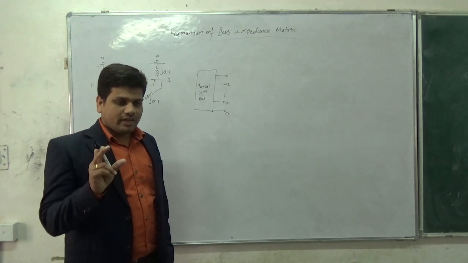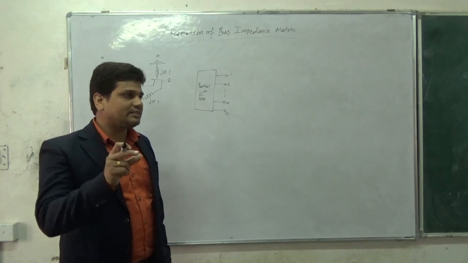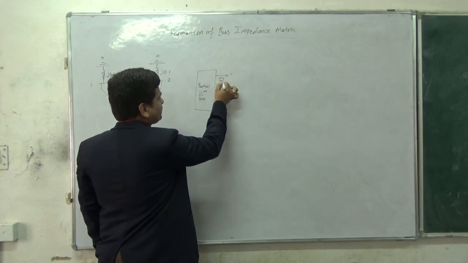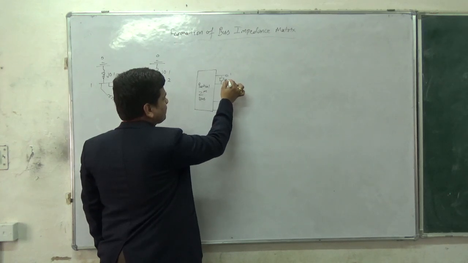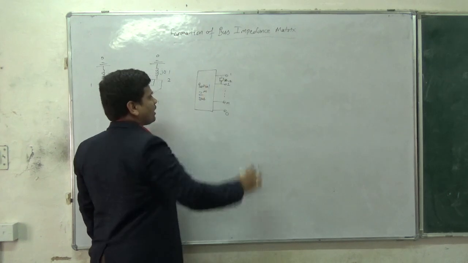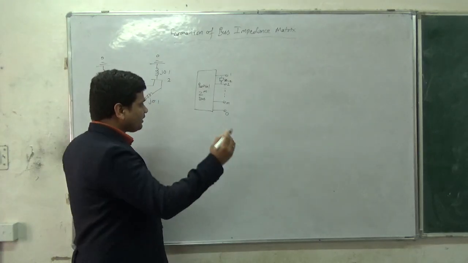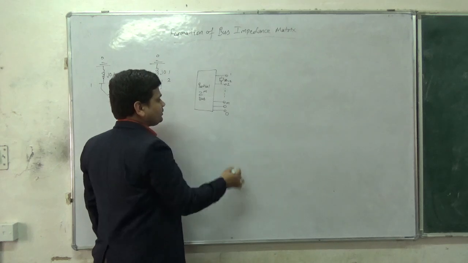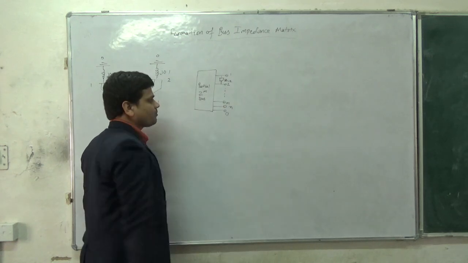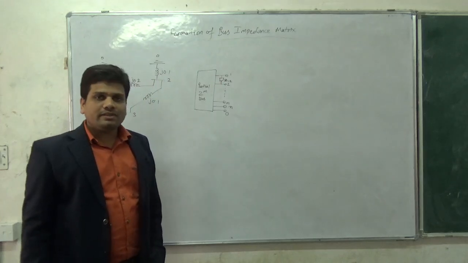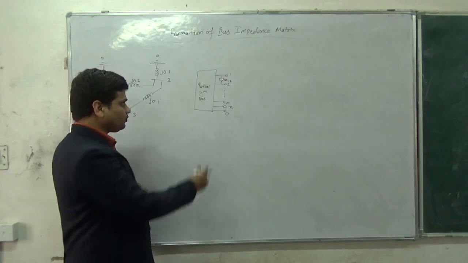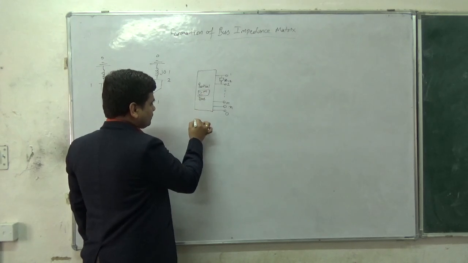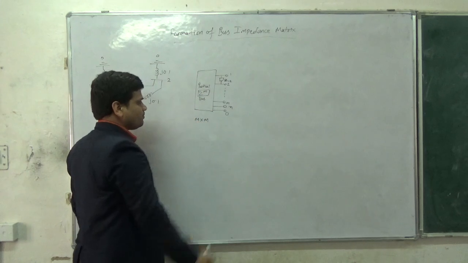If new impedance is connected between 2 buses, for example, let's say the new impedance connects between bus number 1 and bus number 2 having some value Z12, and the another possibility may be any new bus is introduced, let's say it is n. So what will be the dimension of the matrix first of all due to these 2 modifications? Earlier for this case the dimension was m cross m.